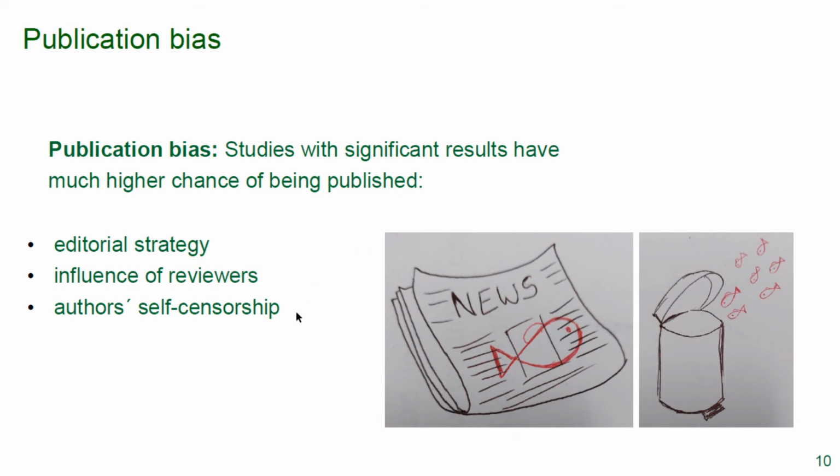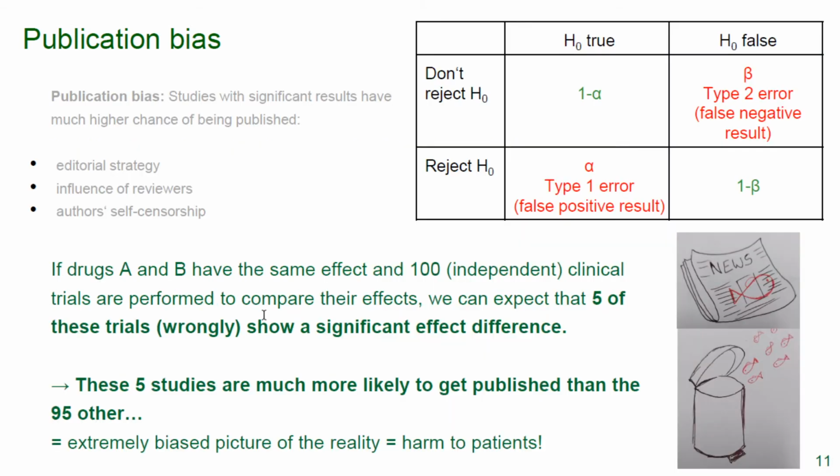This is publication bias. Now let's look at publication bias in light of the statistical testing theory we have seen at the beginning. Let's come back to our example of drugs A and B that actually have the same effect. So the null hypothesis that there is no difference between drug A and drug B is true. And we consider 100 clinical trials investigating this question, comparing the effects.